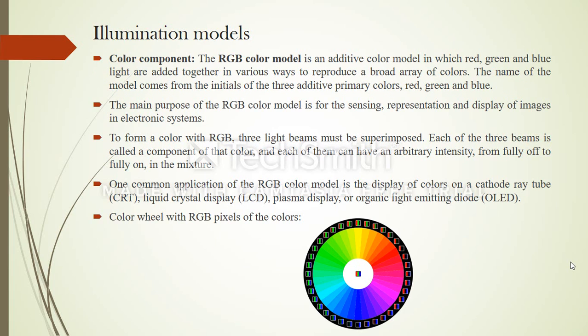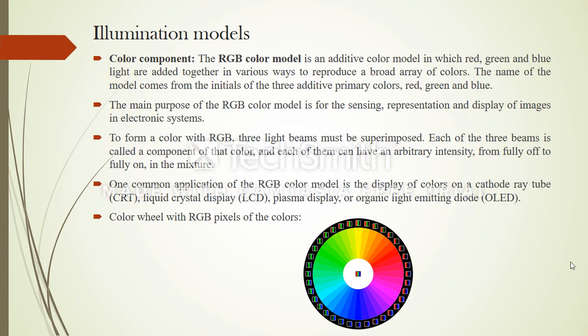Color component. The RGB color model is an additive color model in which red, green, and blue lights are added together in various ways to reproduce a broad array of colors. The name of the model comes from the initials of the three additive primary colors: red, green, and blue.